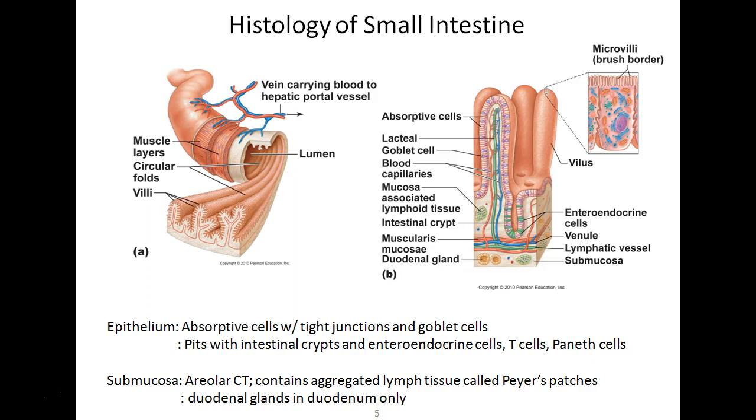We'll get into those more so later on. In the submucosa, we see areolar connective tissue, and later on into the small intestine, we're going to see Peyer's patches exist in that submucosa. These have lymphatic properties. And lastly, we'll see duodenal glands in the duodenum region only.